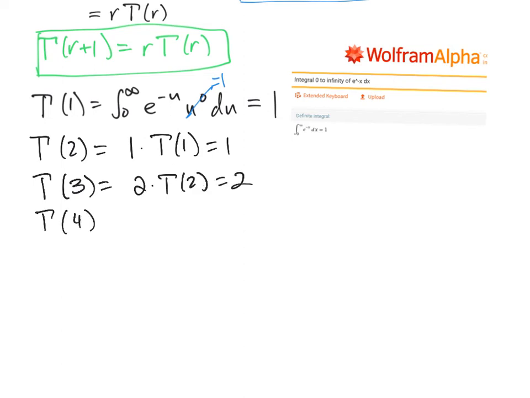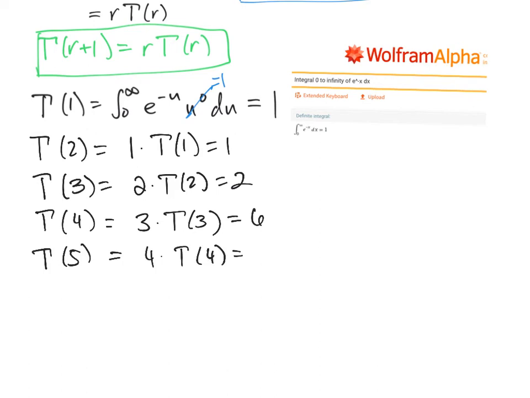Gamma of 4 is 3 times gamma of 3, which equals 6, and we're just going to do this out probably just this one time. Gamma of 5 is 4 times gamma of 4, which equals 24.